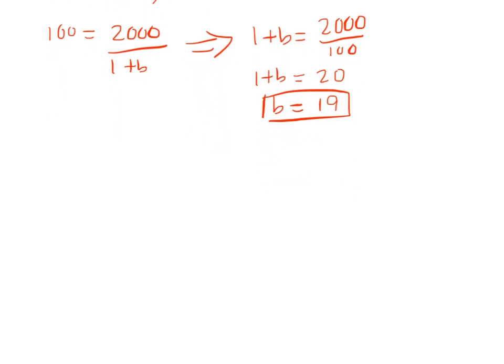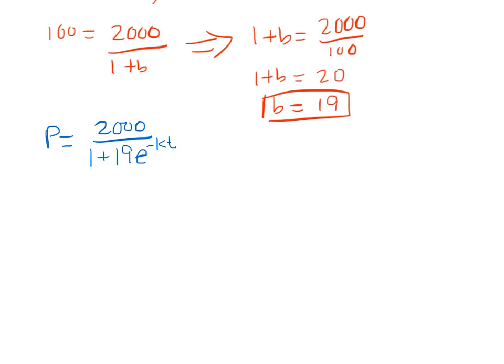With that, I now have an equation that looks like P equals 2,000 divided by 1 plus 19e to the negative kt.